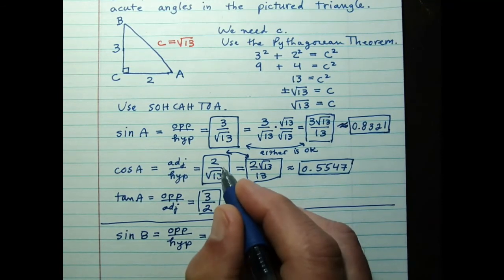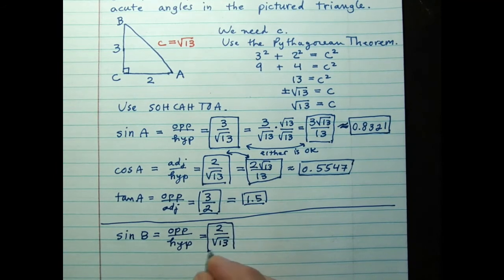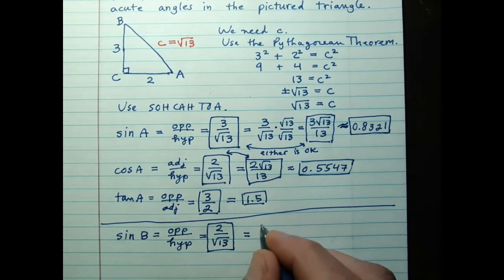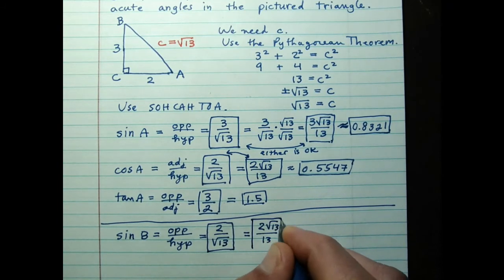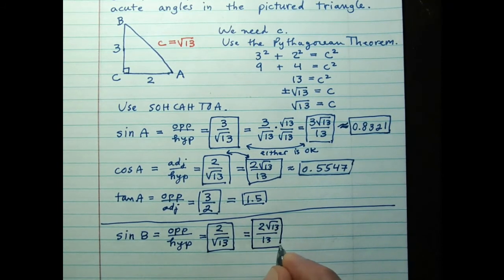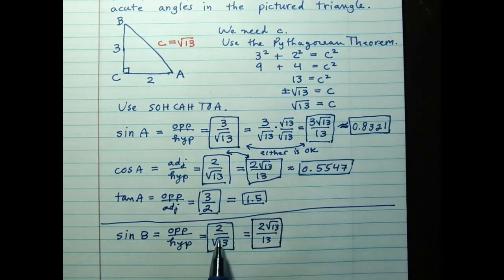Of course, that's a value that we saw up above. There is a relationship between these trig functions of A and trig functions of B, and we'll talk more about that a little further on. But for now, just make sure you realize sine of A and sine of B are different.